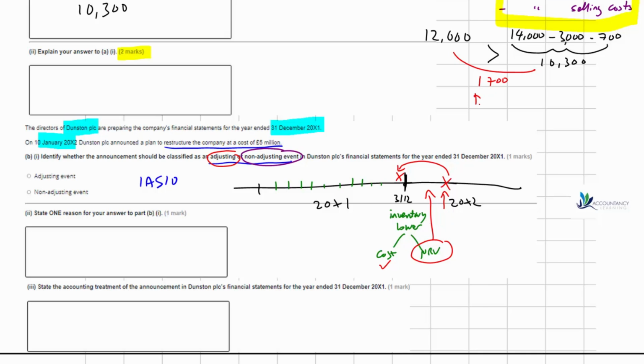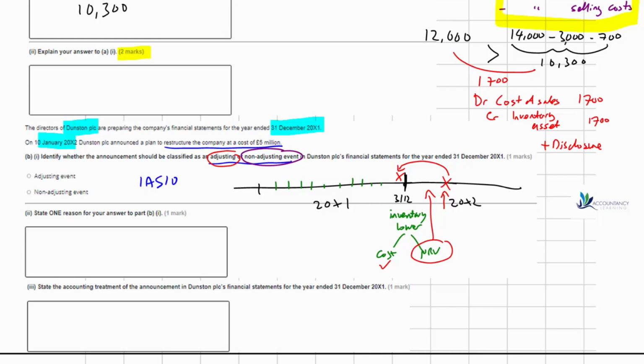We would debit our cost of sales with 1,700 and credit the inventory asset 1,700 to reduce its value. IAS 10 says that for adjusting events, we also need some disclosure to explain that something happened after the end of the year that required this adjustment. Although for an inventory write-off, that's unlikely to be sufficiently material to require further disclosure.